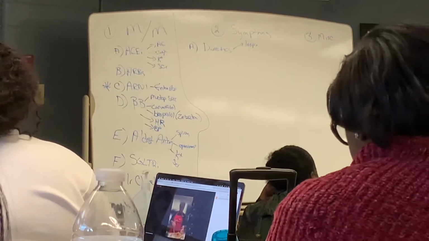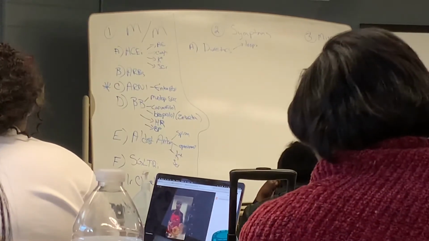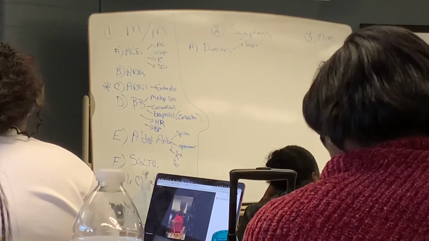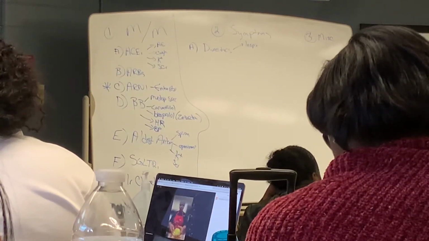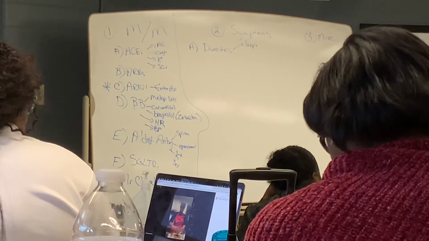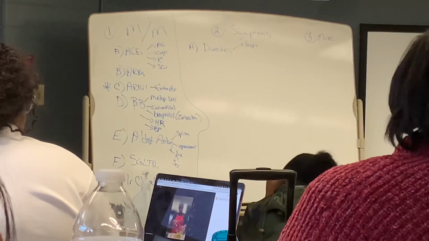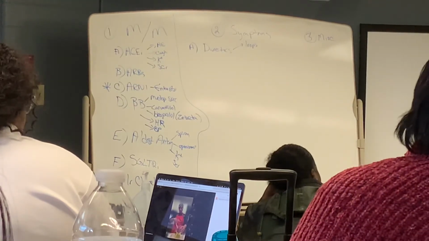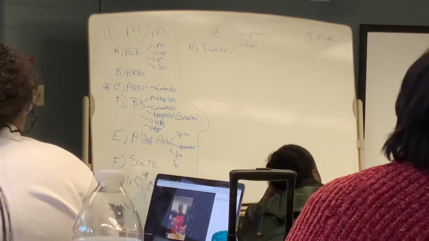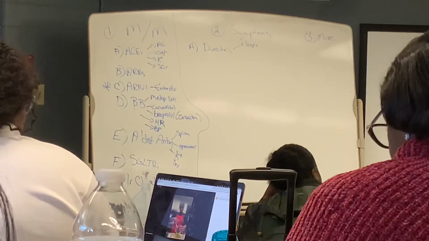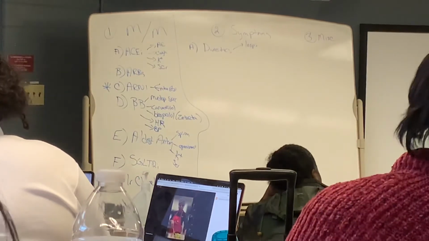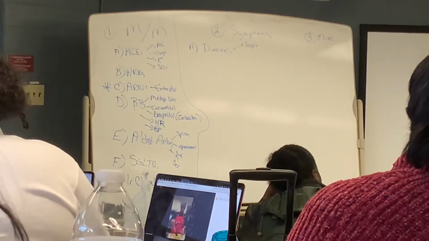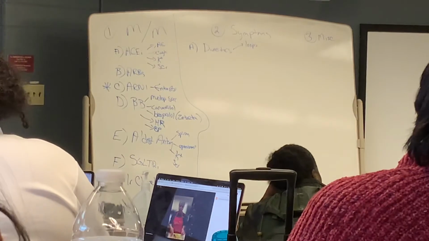Okay, but you wouldn't use HCTZ for a patient who has edema. Just like you wouldn't use a loop for somebody who has hypertension that doesn't have edema. Does that make sense? Okay. So the HCTZ, you want to use that in a hypertensive patient, but not a hypertensive patient who has edema.